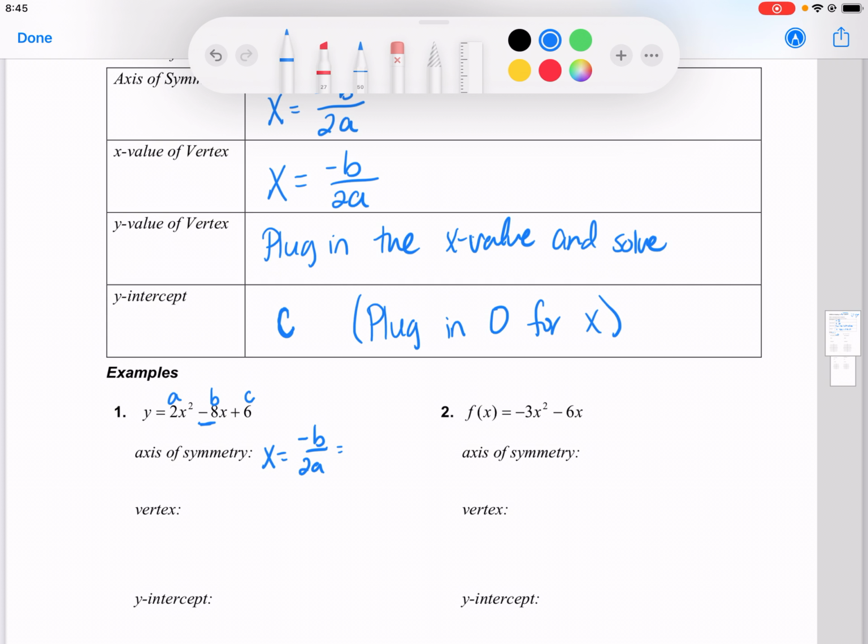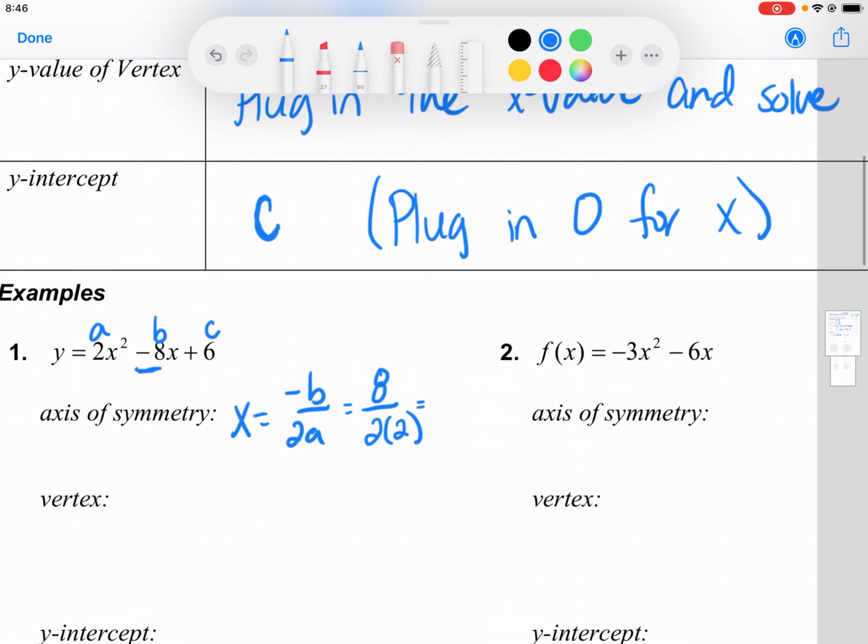B's already negative, so this negative b means to do the opposite of b. So the opposite of negative 8 is positive 8. So I have positive 8 over 2 times a, or 2 times 2. So I would multiply first the denominator. So 2 times 2 is 4, and 8 divided by 4 is 2. So our axis of symmetry is at x equals 2.